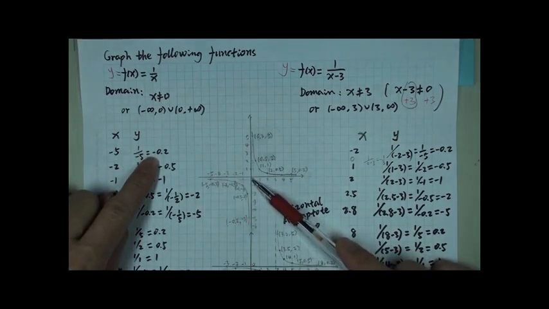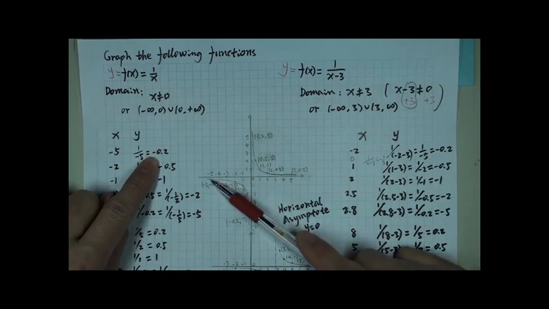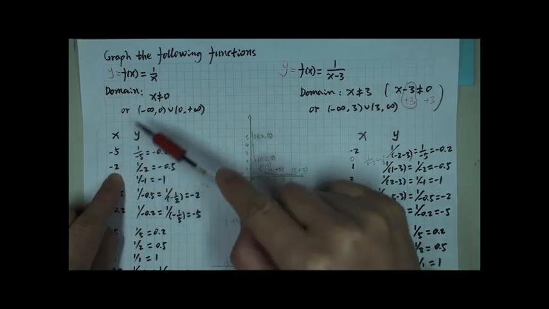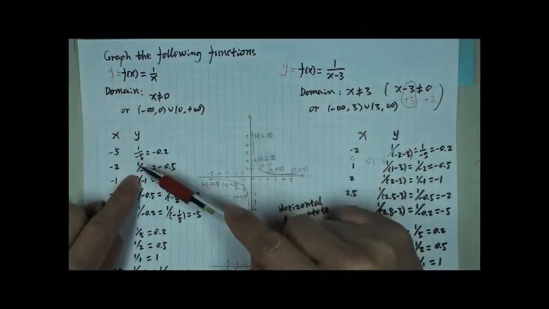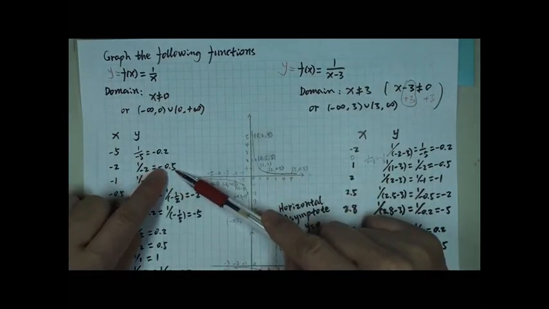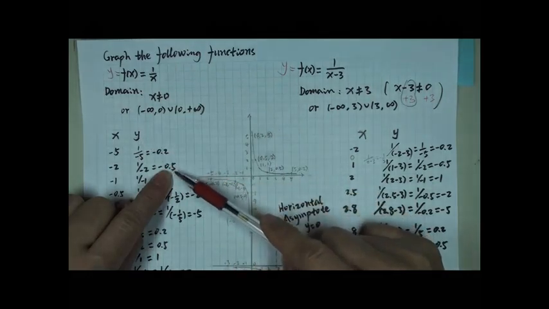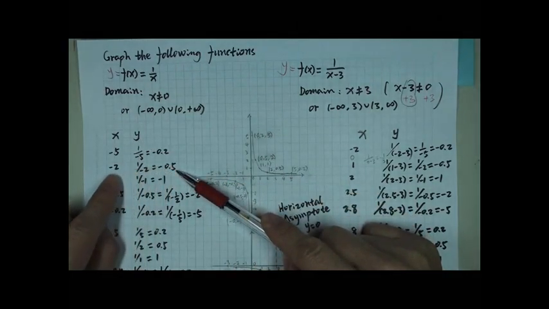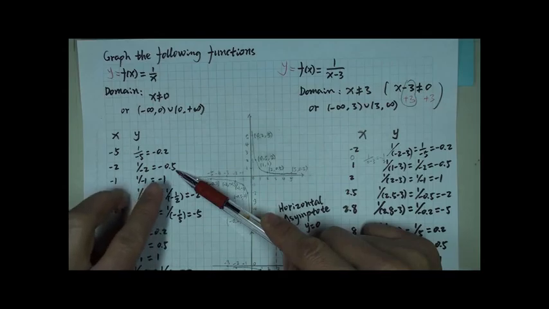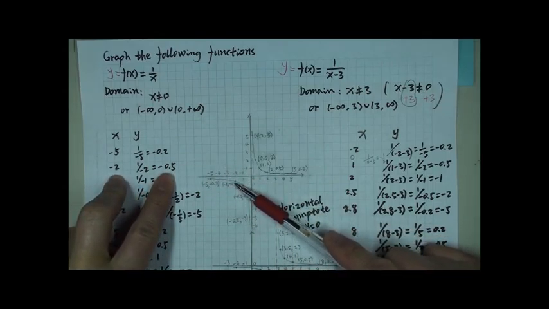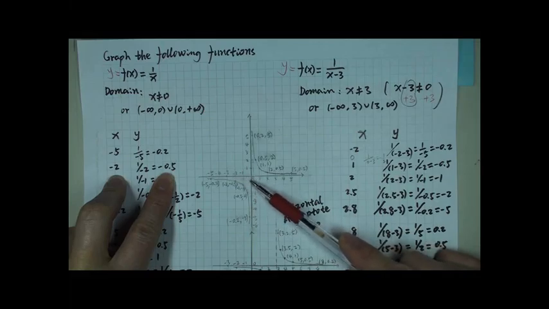So x is negative 5, y is negative 0.2, very close to 0. This is the point. Then negative 2: you plug in here, 1 divided by negative 2 is negative 0.5. So y is negative 0.5, and this point is right in the middle.